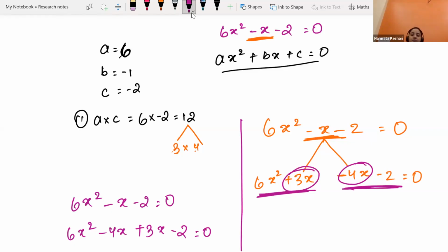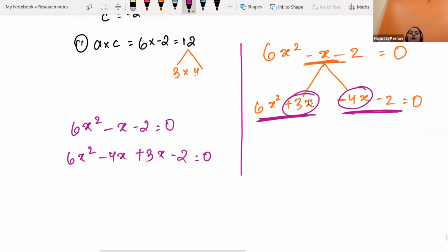Okay, let's take out common factor from the first two terms, that is 6x square and 3x. What is the common factor, Zoha? 3x is the common factor. Remaining will be 2x plus 1.